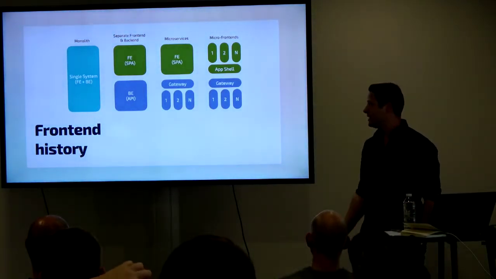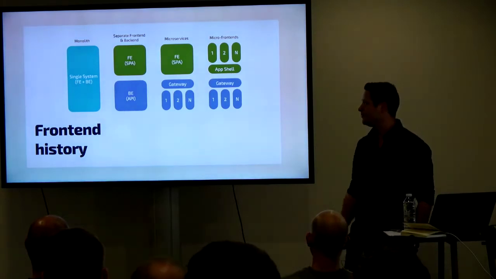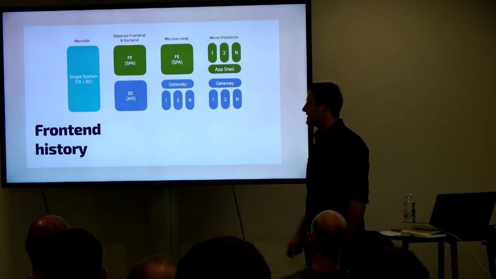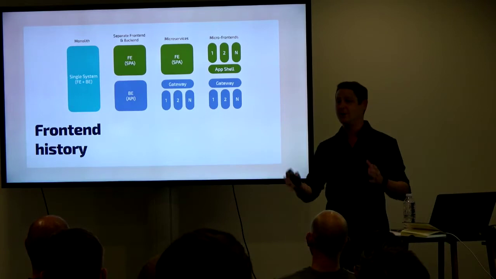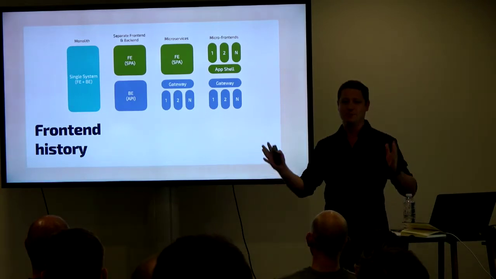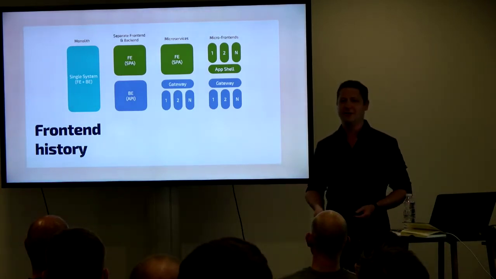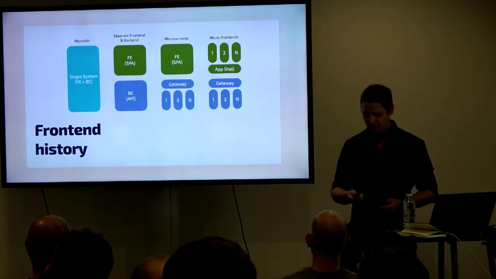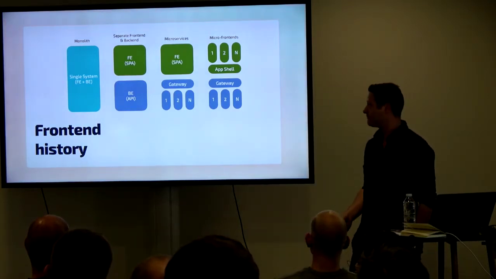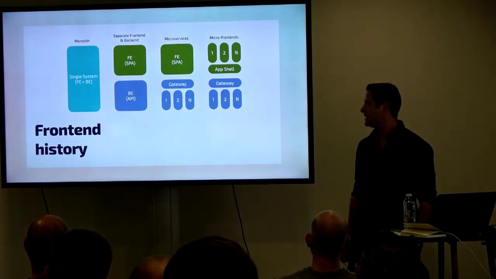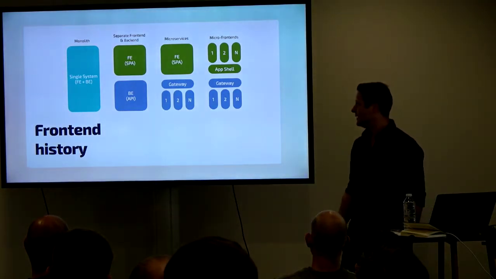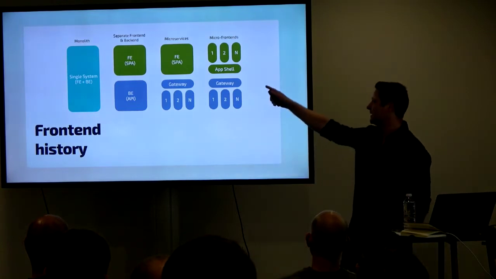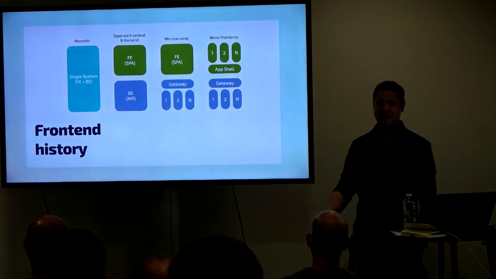Here in the history, we've been working in the olden days with single systems where we had integrated front end and back end. Everything was one big monolith, all the code bases were collected, and we tried to solve all the problems. Then at some point, we started doing a split where we split the front end and the back end.